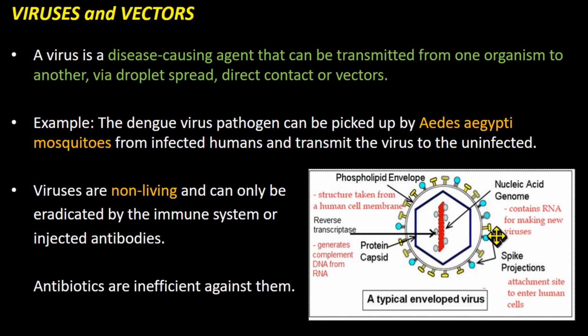Think of these as keys. We have the protein capsid that's going to help retain the RNA. We also have reverse transcriptase, and if you remember from Unit 1, this enables reverse transcription. Basically, it could help to turn this RNA into a DNA molecule. Lastly, we have the phospholipid envelope, which is the structure taken from a human cell membrane.